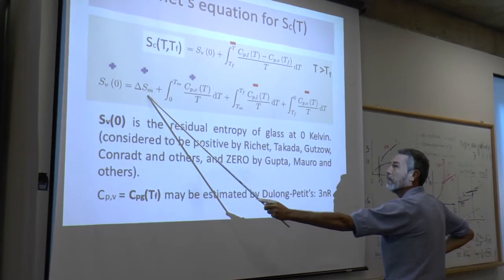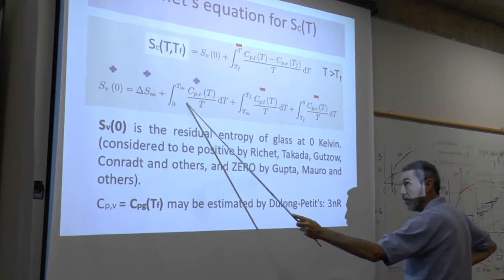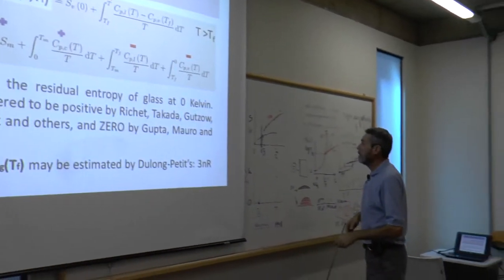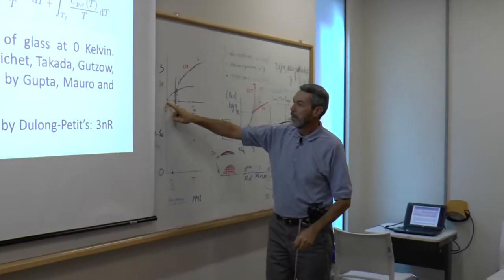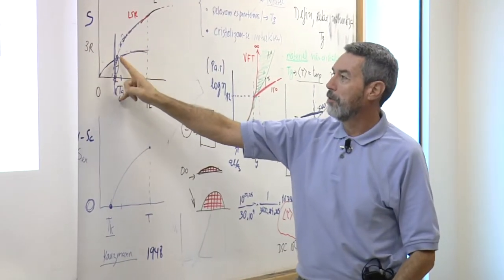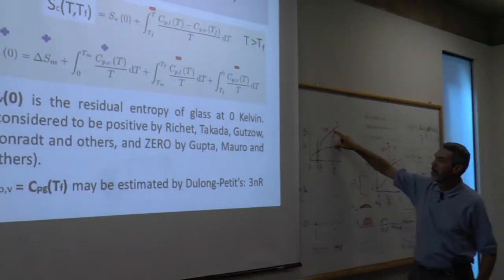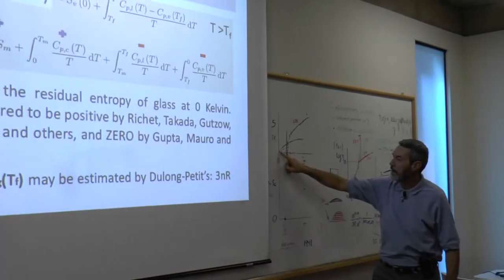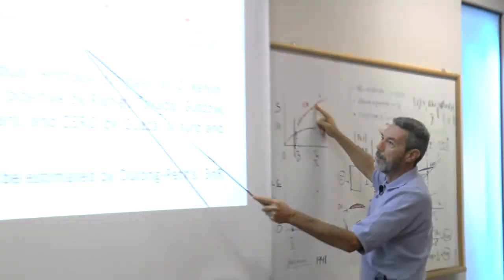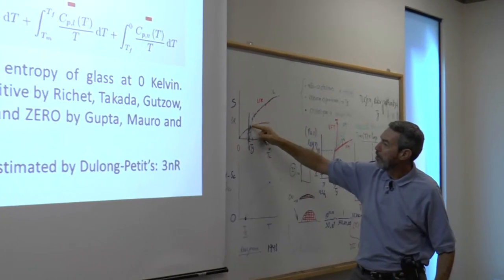The melting entropy, then the integral from 0 to Tm of the specific heat of the crystal. So we are going from here to here, the crystal, and then the delta Sm is this part here. So this integral works this way. You integrate this part plus this part, and then you come down from the melting point down to Tf.